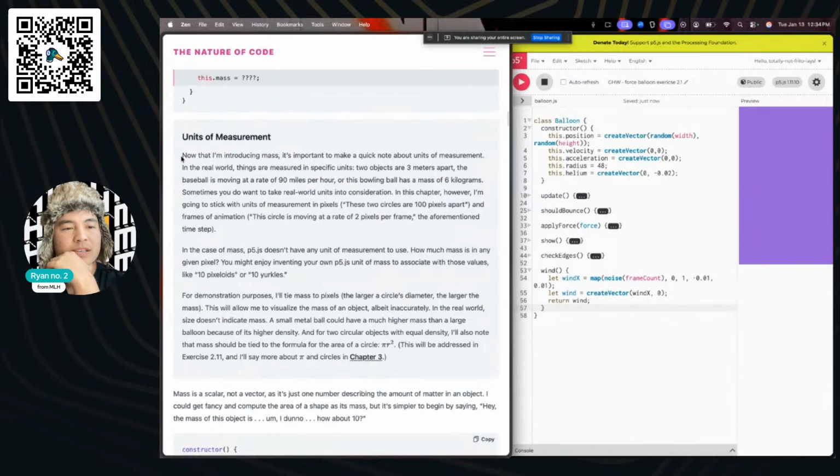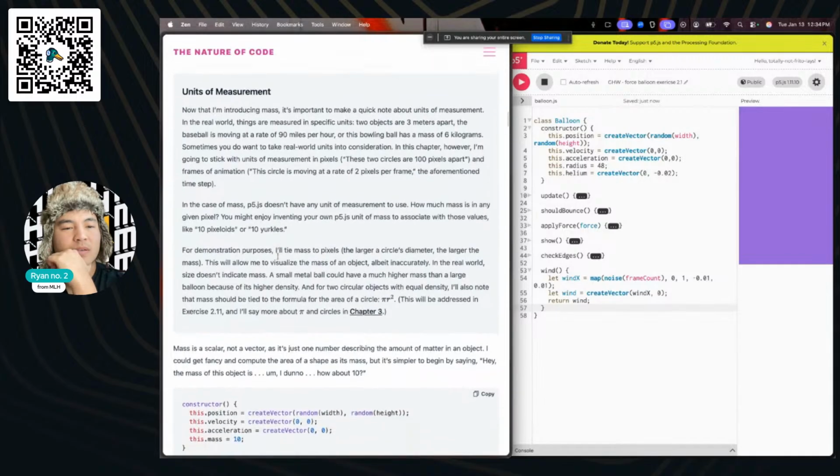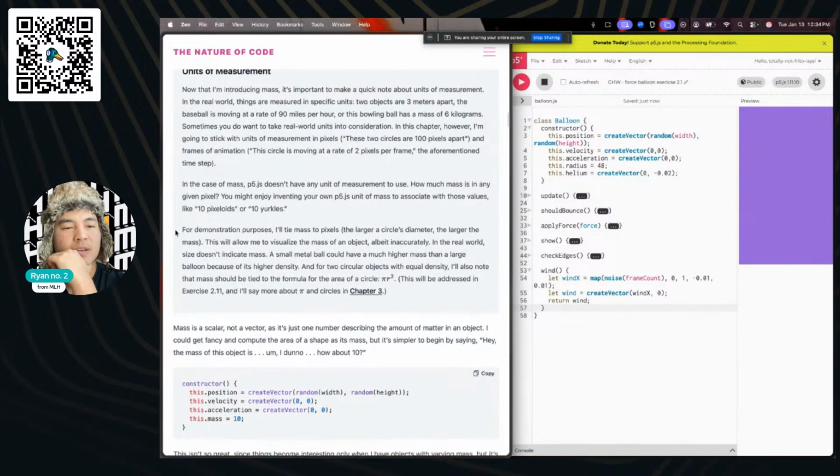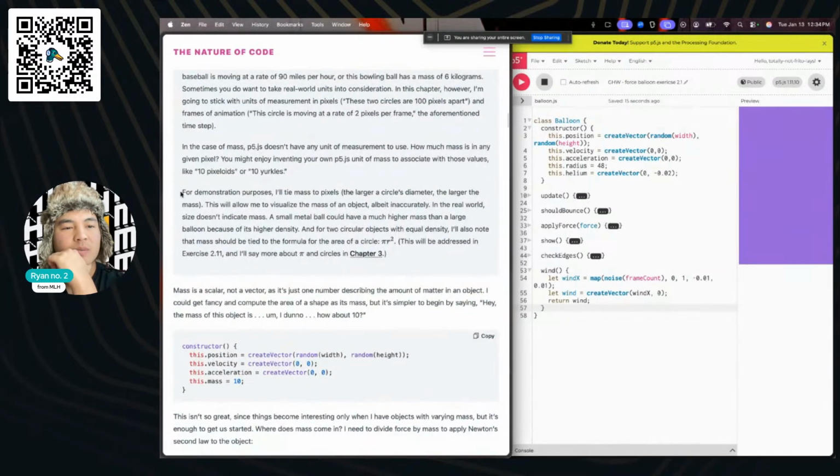This is a heads up on making sure that we are... Oh yeah, there's no mass within P5 necessarily. So we can make our own version of mass. So we're going to be tying mass to pixels. That makes sense. The more pixels it has, the more material, so to speak.